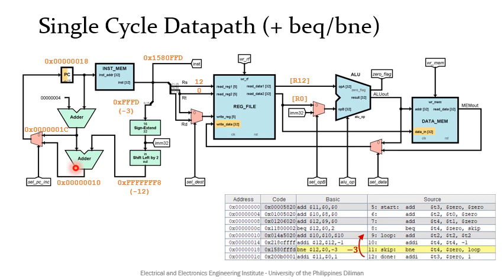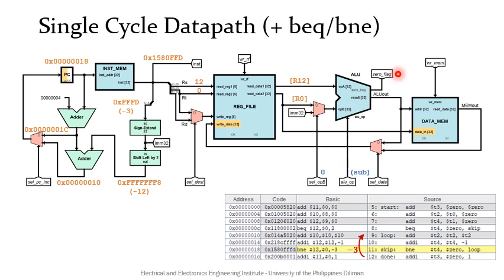To determine if the branch should be taken or not, the processor subtracts the two register operands and checks the zero flag. If the difference is non-zero, then the operands must not be equal.